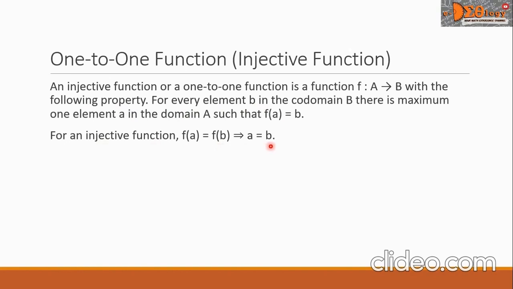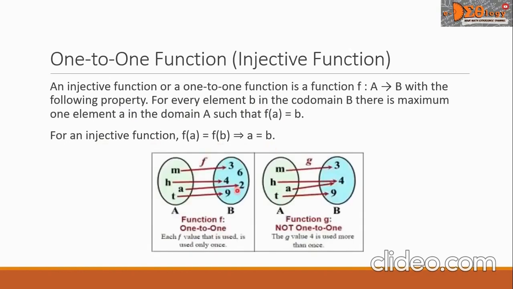Let us have some illustrations. I have here two functions. Let's see function f. This is group A and this is group B. This function is one-to-one because each f value is used only once.